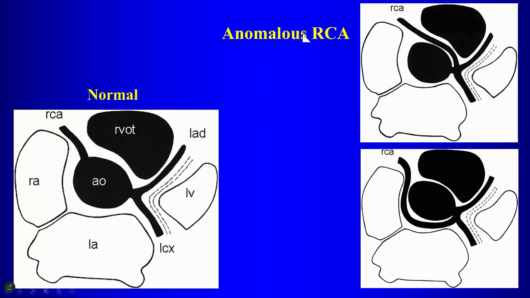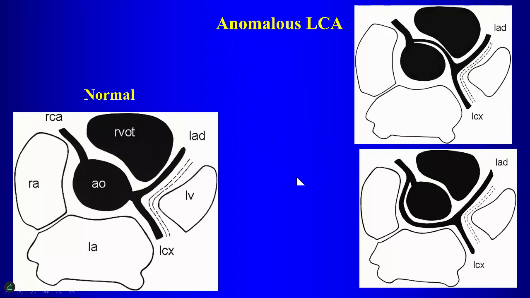When you have a vessel taking an anomalous course, the important thing to determine is, is it going between the aorta and the pulmonary artery? Is it taking an intra-arterial course, or a more benign course? A retroaortic course going behind the aorta is benign. The intra-arterial course really is the only malignant course you have to be concerned about.